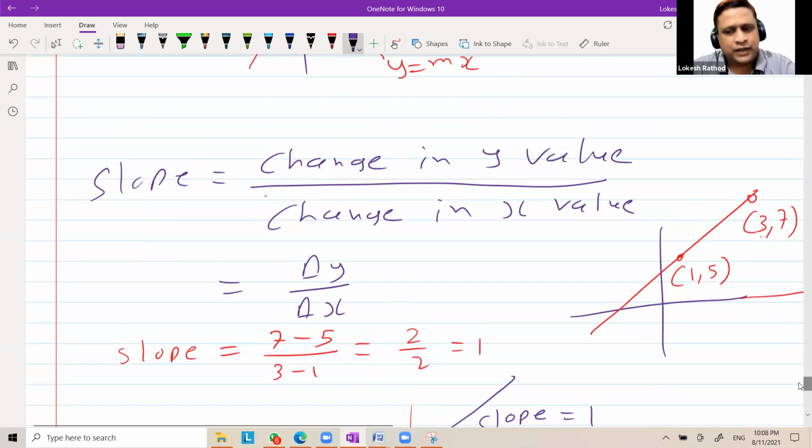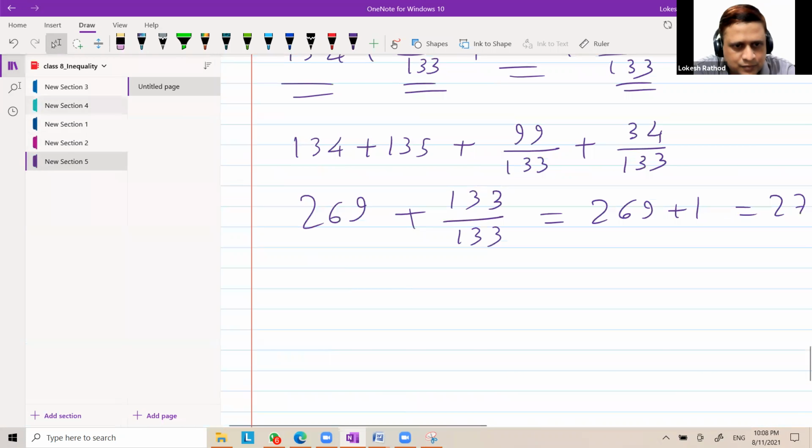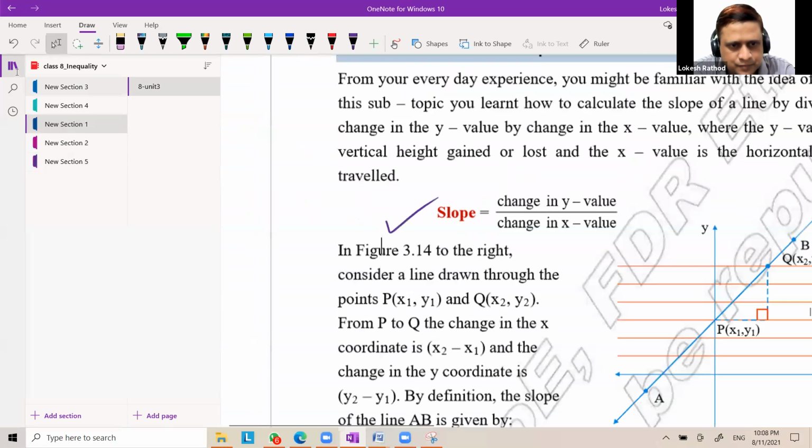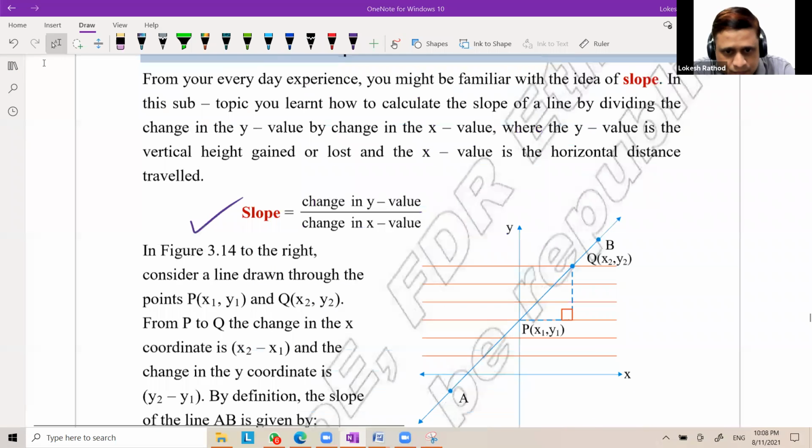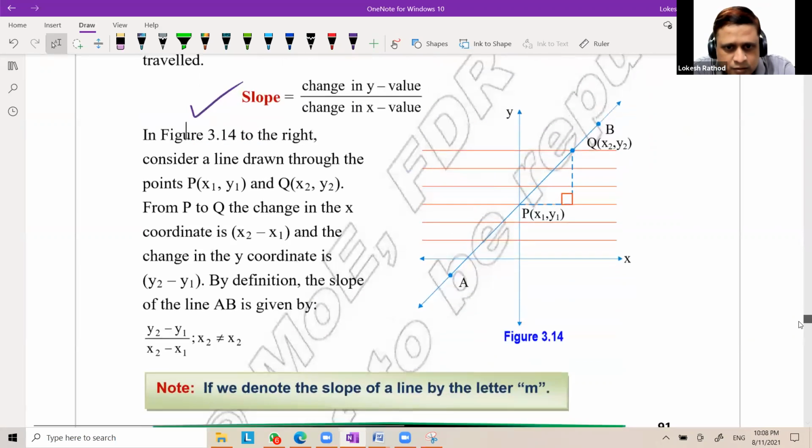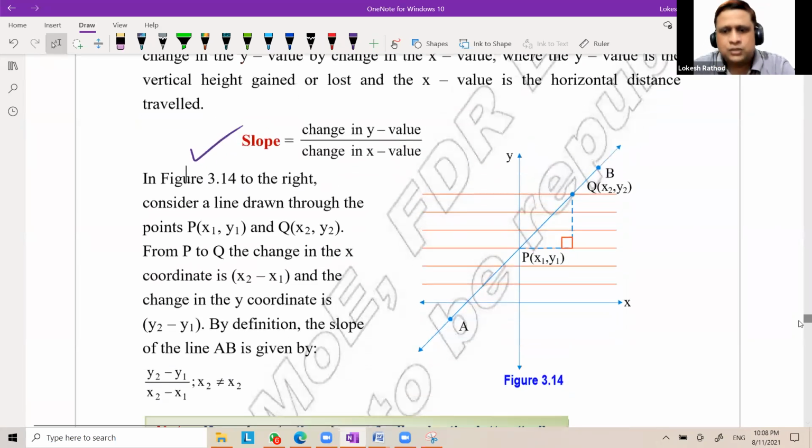So how can we find slope? We can find it like this: change in y coordinate over change in x coordinate. Right? Now let's see the figure. Okay, suppose this is the line.